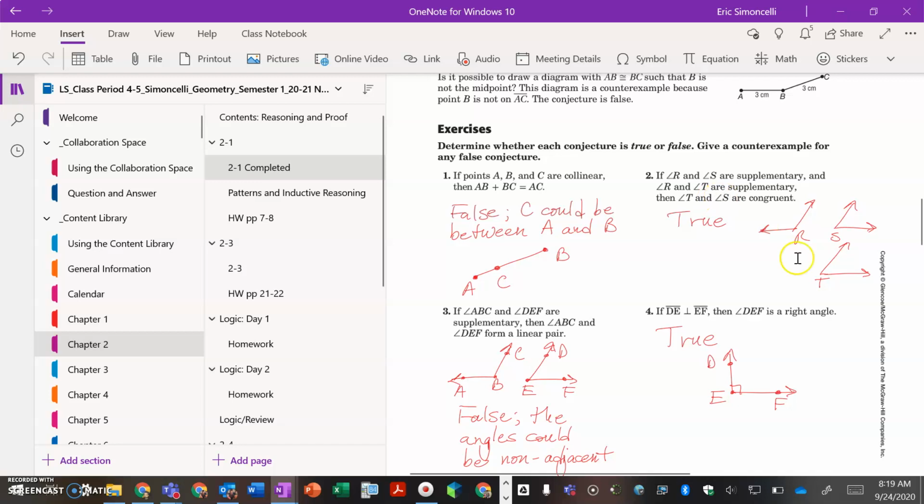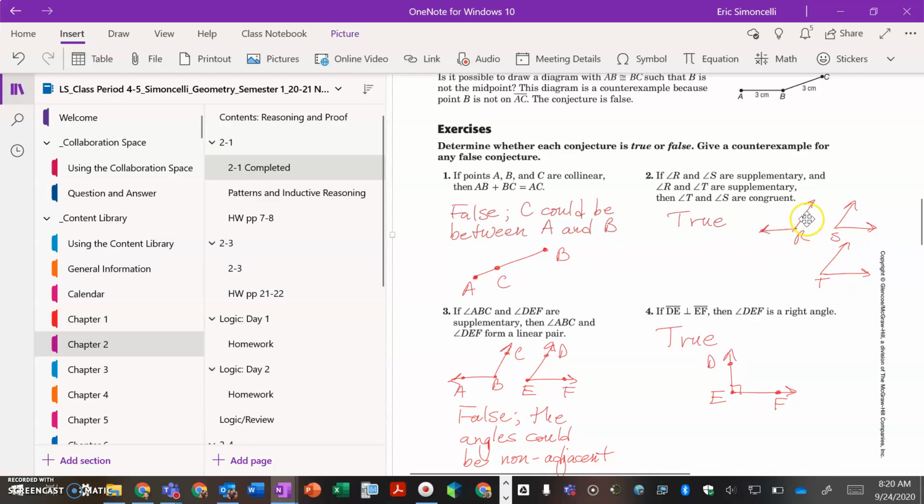R and T are supplements, so look at these two angles. So that angle plus that angle also would add up to 180. Because we're trying to finalize the conclusion of whether angle T and S are congruent, well, of course they have to be, right? Angle T and S must be congruent if these two add to 180 together, and separately those two add to 180.